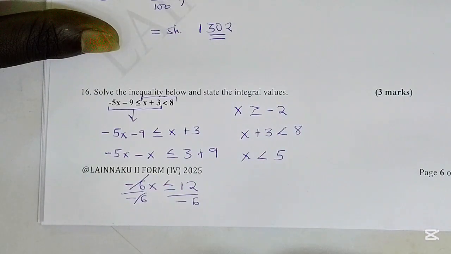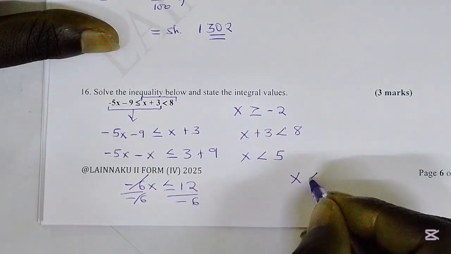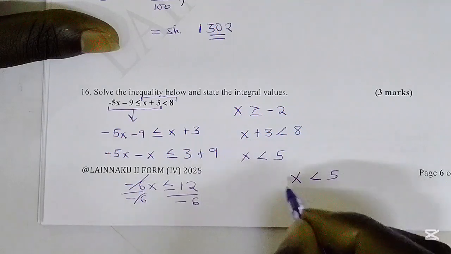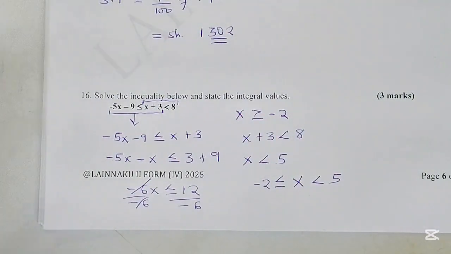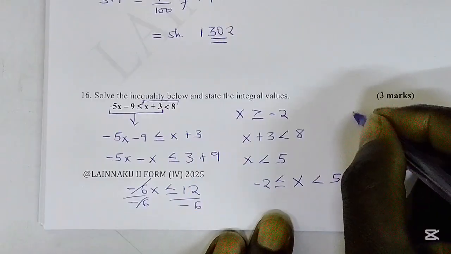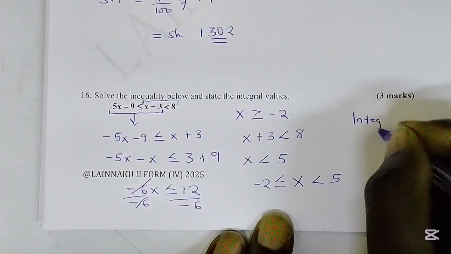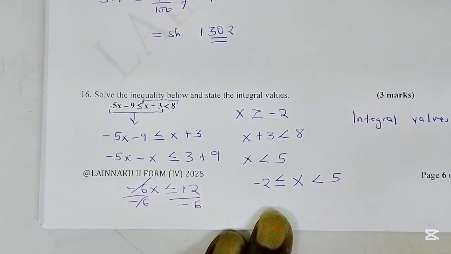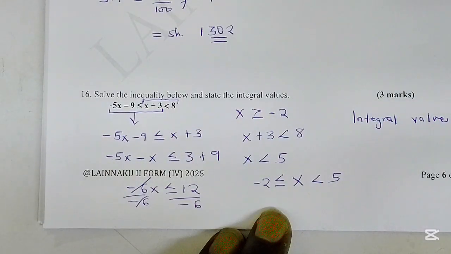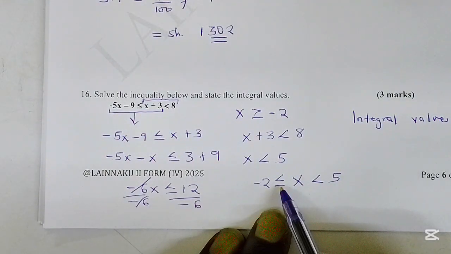So the compound statement is x is less than 5, but the same x is greater than or equal to negative 2.